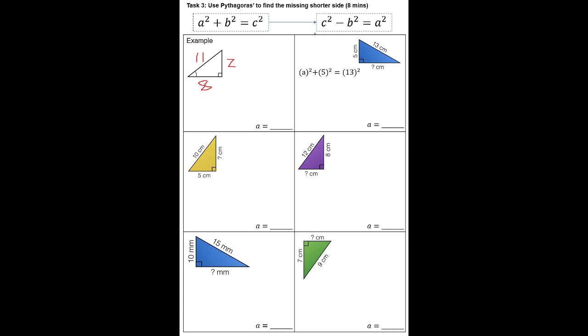When we know c, what we can do is essentially you're balancing your formula here to make one of the shorter sides a subject. So if you have a look on the left hand side, what I'm doing to go to the right hand side is I'm subtracting b squared from both sides, which essentially gets rid of the positive b squared and makes it a negative b squared. So I've subtracted b squared from both sides, and then I've reorganized it.